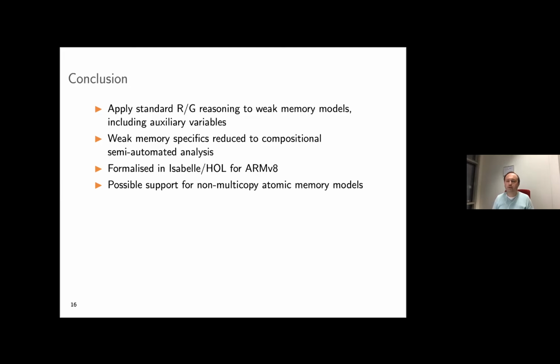I also have a question. Because with rely guarantee reasoning, of course you want to have a compositional approach. Can you comment on how this compares to a monolithic approach, where you're not doing this compositionally?